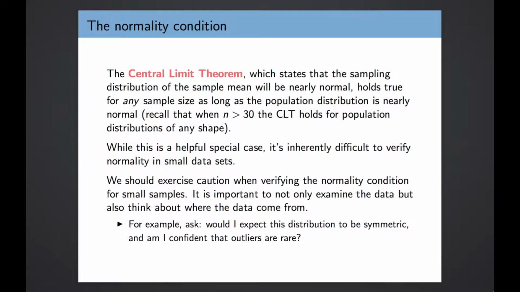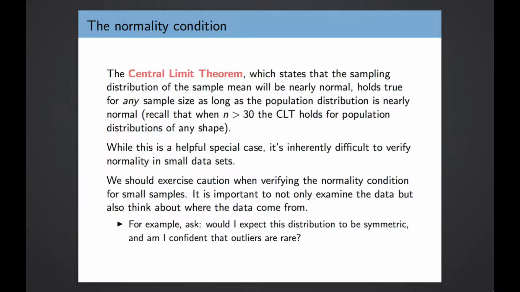I want to briefly talk about one special case where even with small samples, we can be pretty confident in our assumption of normality. So in general, the central limit theorem says that when we have sample sizes greater than 30, the sampling distribution of the sample mean will be nearly normal, no matter what the shape of the population that we're drawing from is.